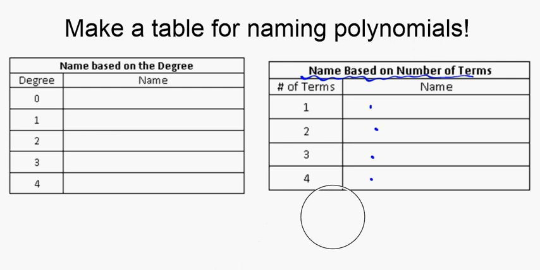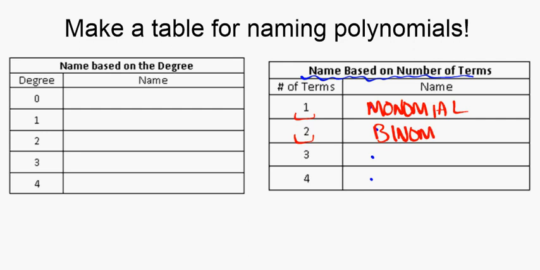All right, let's see how you did. Remember, if there is one term, we call it a monomial. If there are two terms, we call it a binomial. 3, it would be a trinomial. Now, if there are 4, there is no special name for 4 or more.